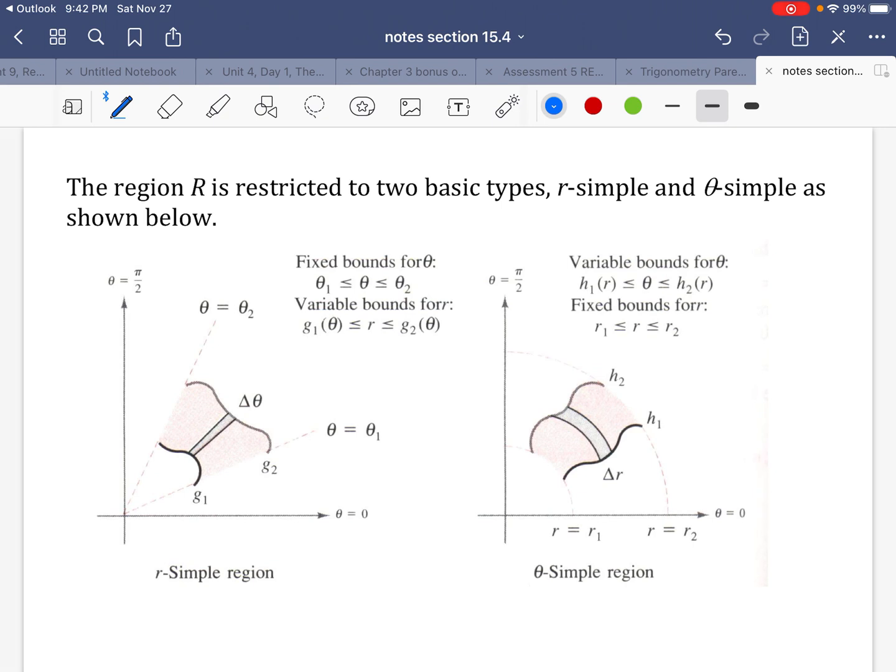So remember back when we were doing x and y, if you had a space, like let's say a little triangular shape right here, and you were trying to make up an integral for this shape, you could choose to do it 2 ways. You could go top to bottom, because that's what we're kind of used to.